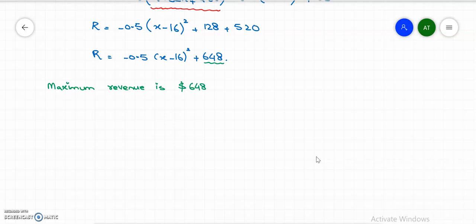No, 648 is a quantity, not in dollars, and the price is $16, right? So the maximum revenue is 648 when the price is $16, right?